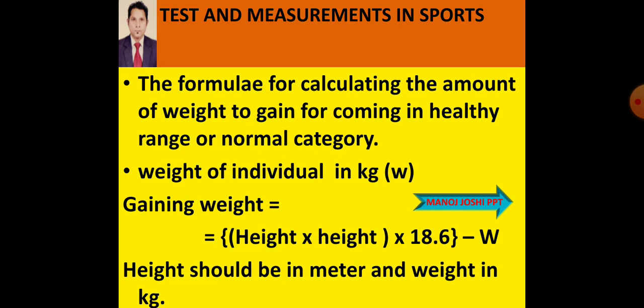So by this formula we can check the amount of weight the person should gain if the person is underweight, because gaining weight is required only for persons who are underweight. So by this formula we can calculate the amount of weight which should be gained to come in the normal or healthy range.